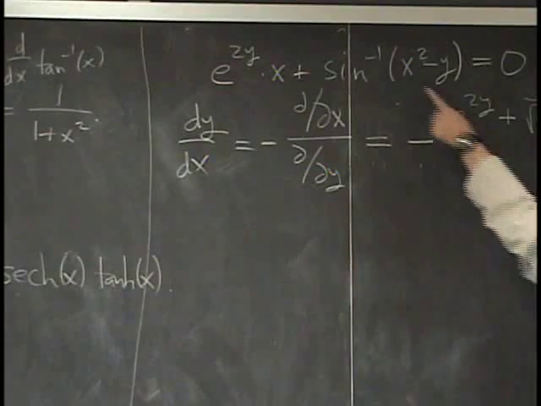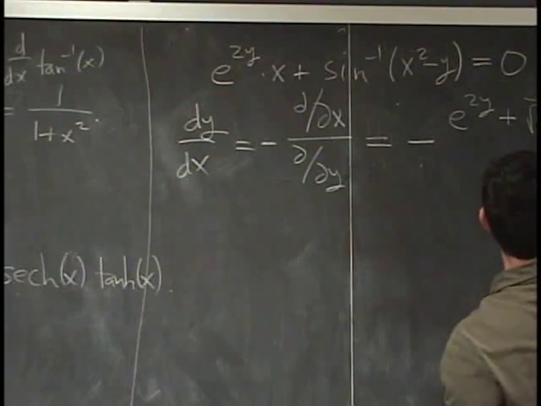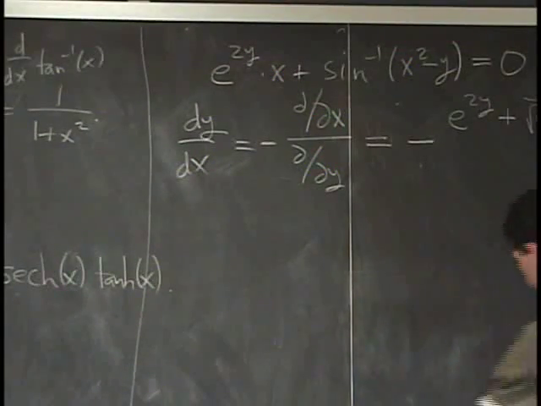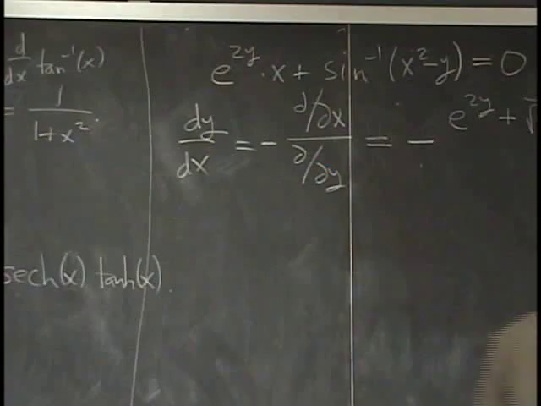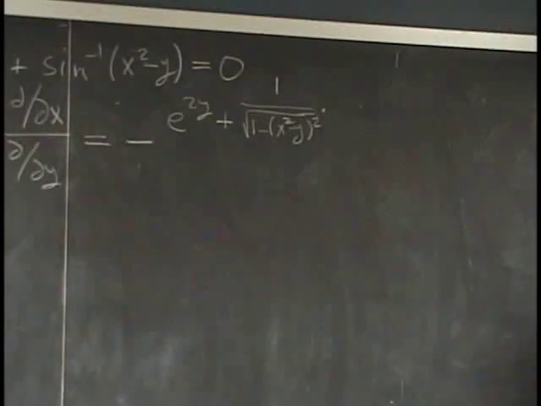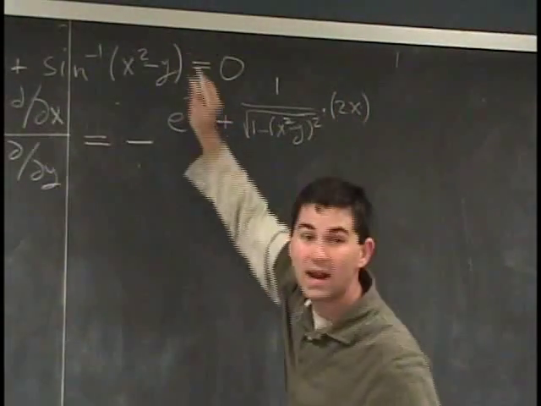But here the x is actually this inside bit, so I have to put x squared minus y, squared. Times what? I have to multiply by the derivative of x squared minus y, which is 2x, right? The y is just a constant.